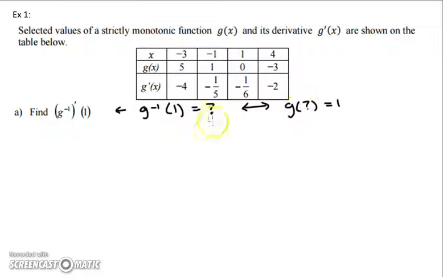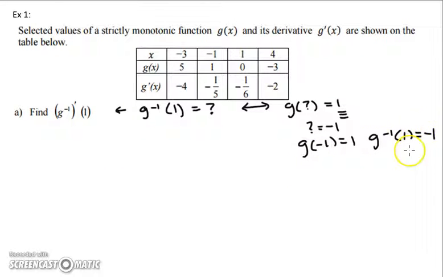If we keep this pairing in mind, we can look at our table and find when the y value equals 1. Looking at g of x, the y value equals 1 when the x value is -1. So I know that this question mark is equal to -1. That tells me g of -1 equals 1, but that also tells me g inverse of 1 equals -1.